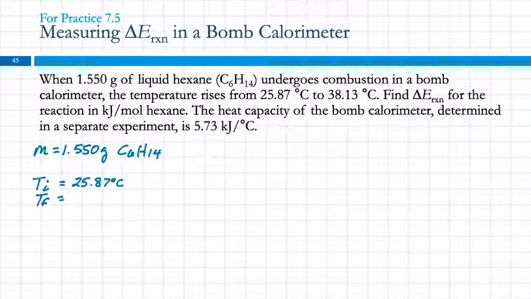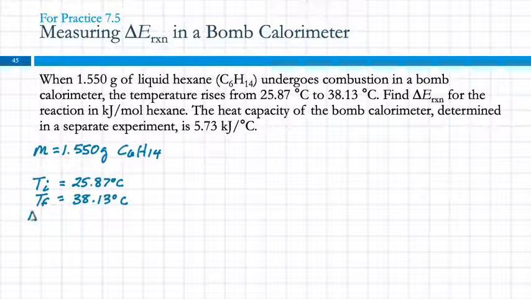The final temperature is 38.13 degrees Celsius. Notice these temperatures have two decimal places. We're using a better thermometer because here the sig figs in our delta E are going to depend a lot on how precisely we know the temperature, because we're looking at temperature change.